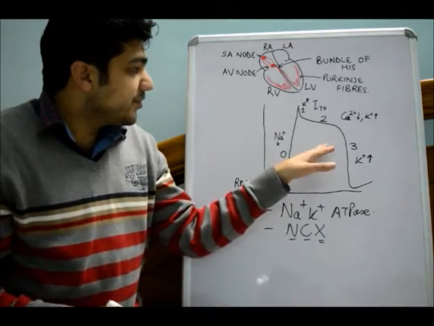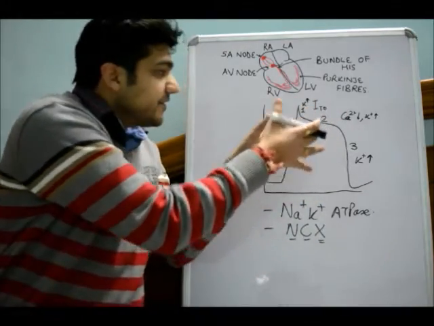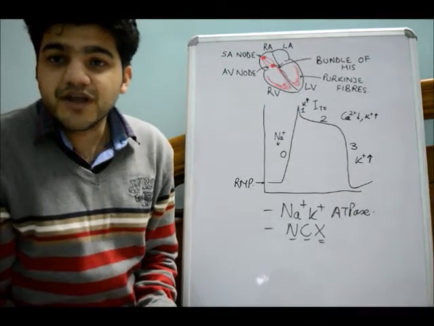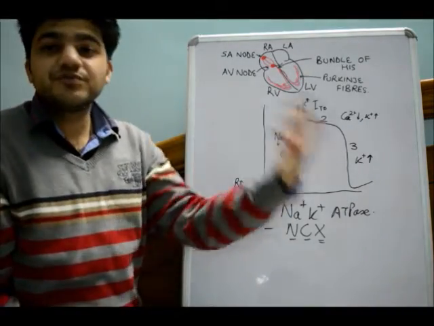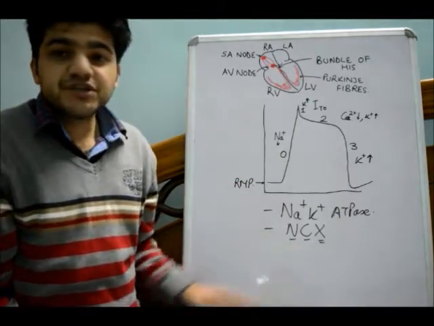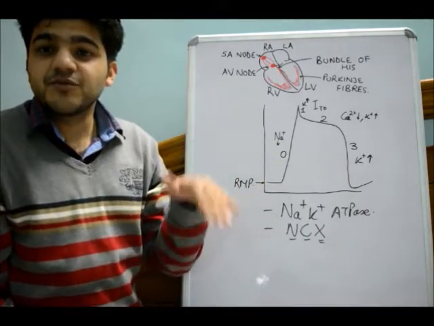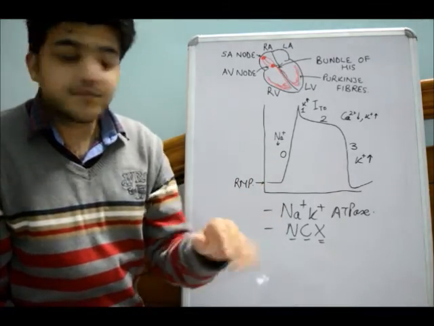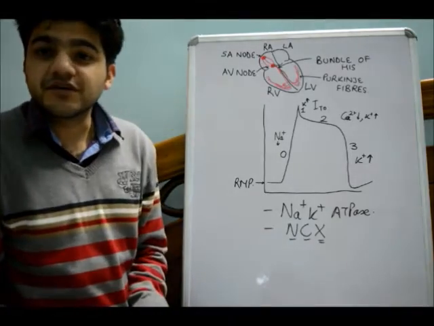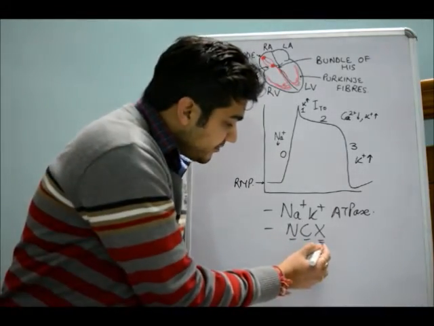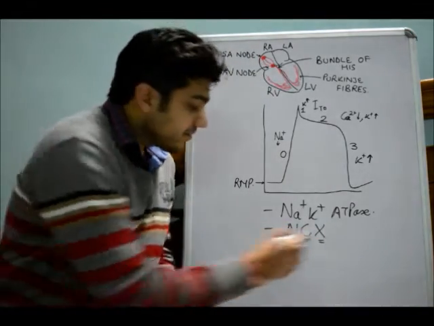But now when in a cell a lot of calcium has built up, what will happen? That calcium has to be extruded out, so it will be pushing that calcium out of the cell. And this pump is also electrogenic. So what happens?